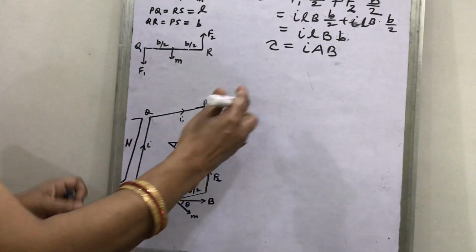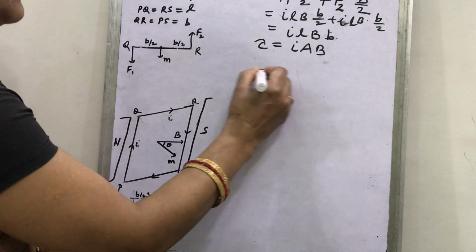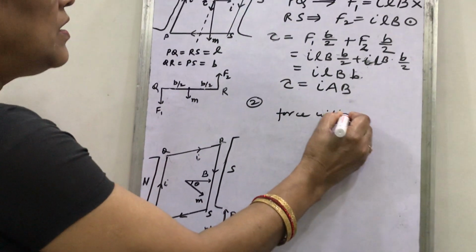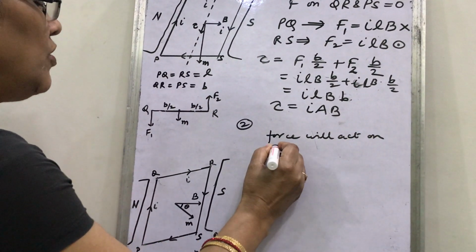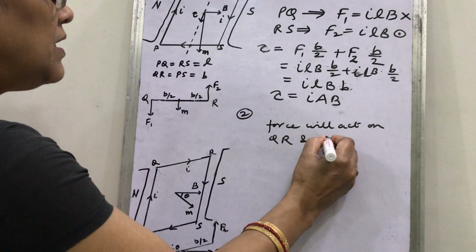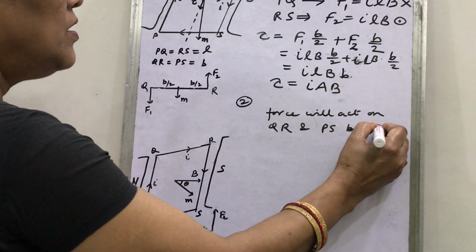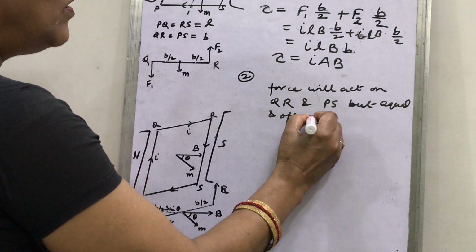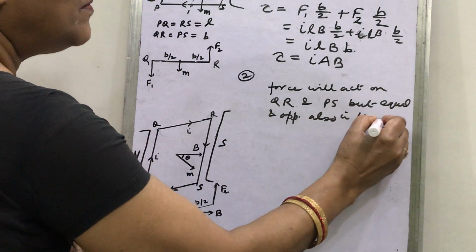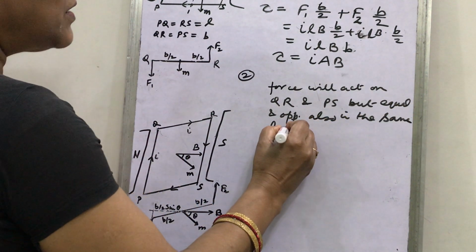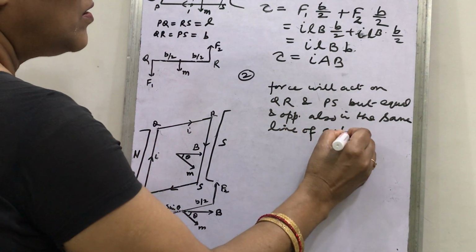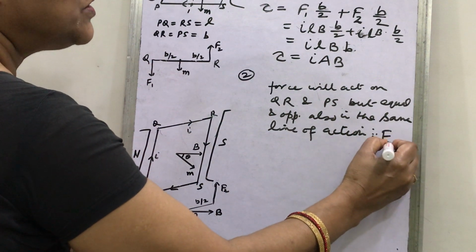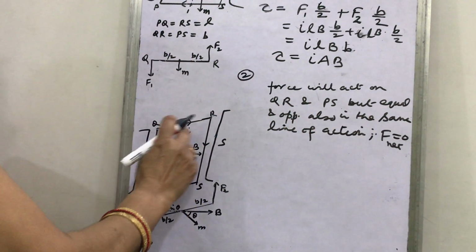So again in the second case, the forces on QR and PS are equal and opposite, also in the same line of action. Hence they will cancel. So the net force will become 0 for these two arms.